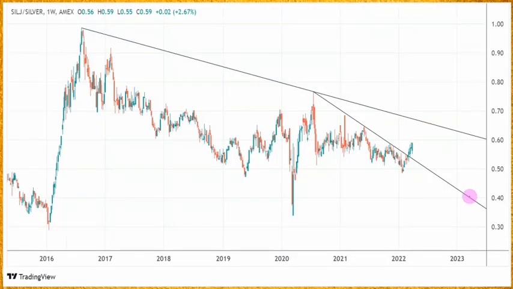Finally, we'll look at the SILJ to silver ratio, and again, the silver miners have been outperforming silver as well, similar to what we saw with the GDX to gold ratio. The target we're looking for a big move is above this level here, which is about 6.6, shall we say. That's a long-term line there that we've got.